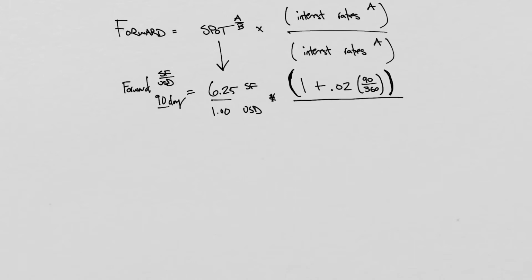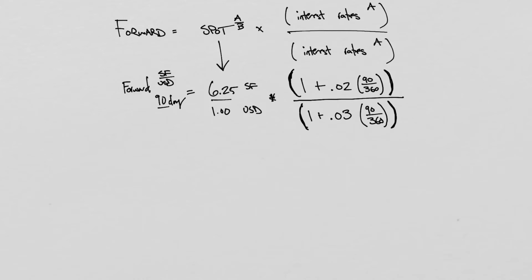And likewise, for the United States, if interest rates are, let's say, 3% on an annual basis, then we need to descale that down to a 90-day interest rate.